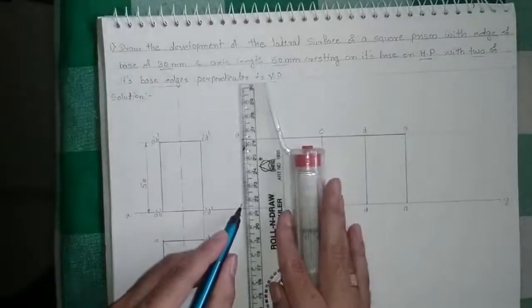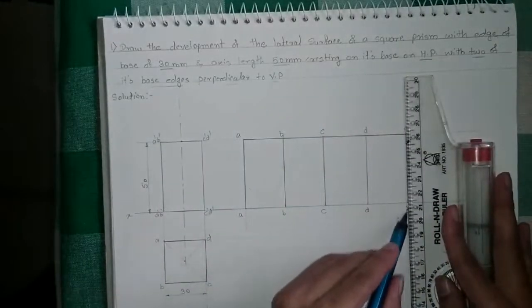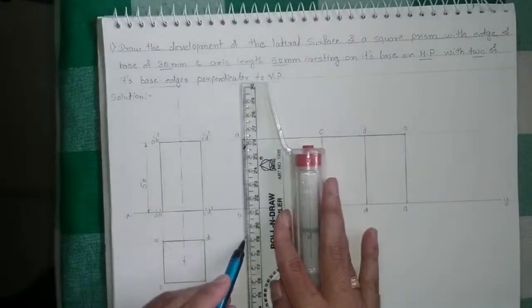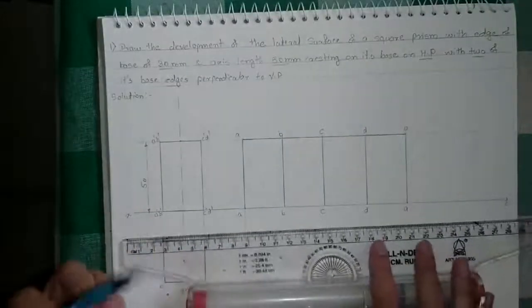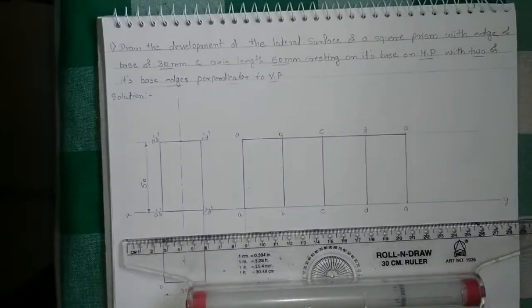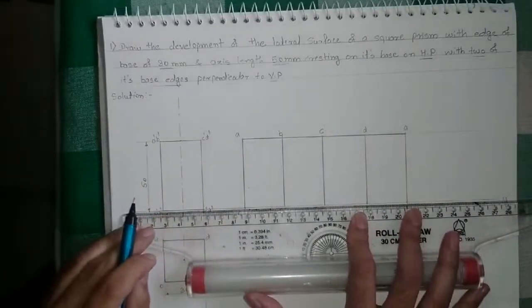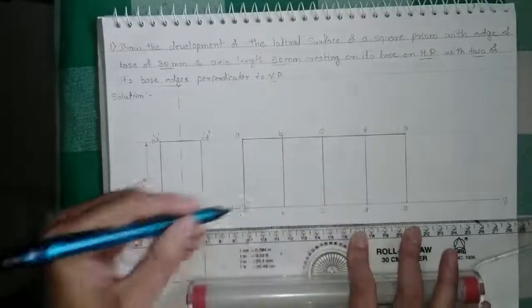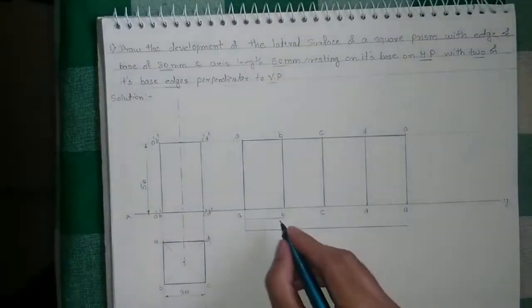Here is the distance: 120 mm, and one block is 30 mm.